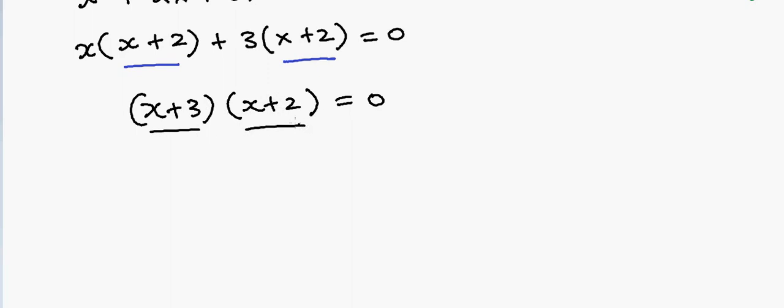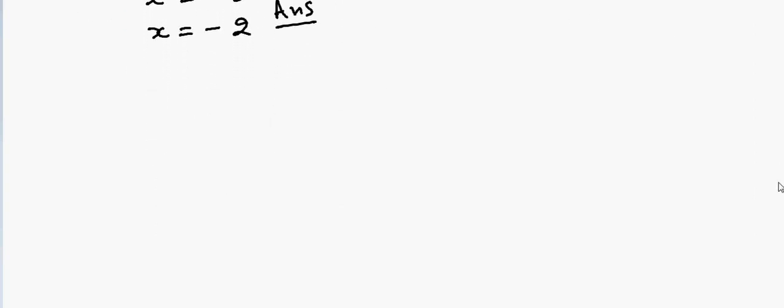If this is 0, then everything will also be 0. So when this thing is 0, x is equal to minus 3. If I put x is equal to minus 3, this will be 0 and everything will be 0. And if I put x is equal to minus 2, then this will be 0 and everything else will be 0 again. So that's why I have two answers, that is minus 3 and minus 2. So this is how we solve an equation.